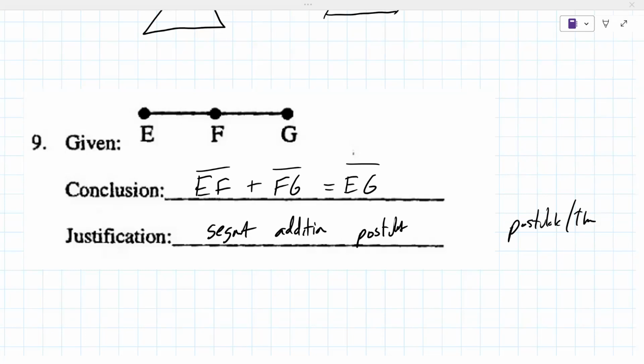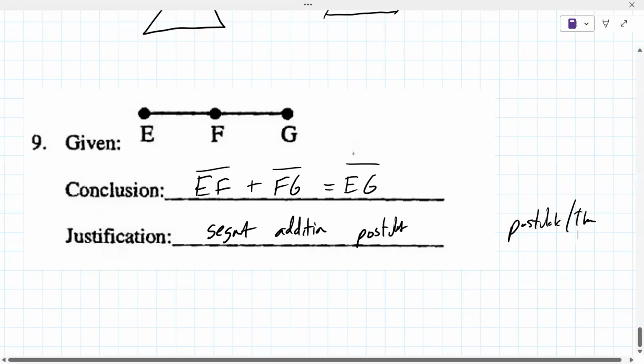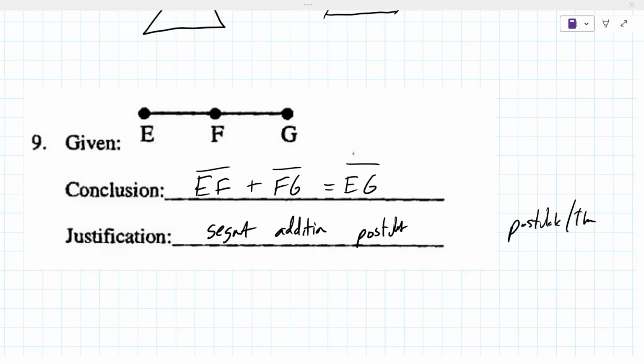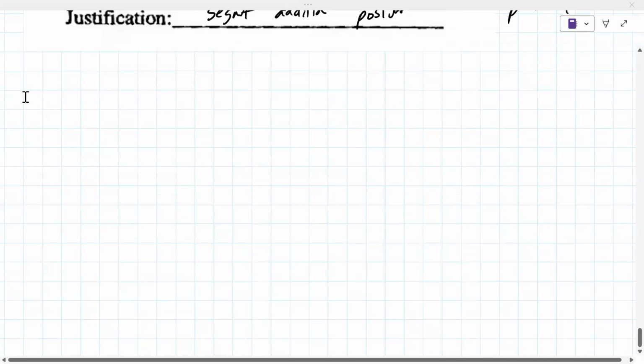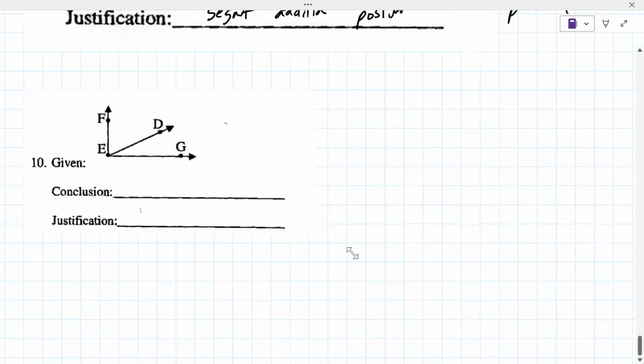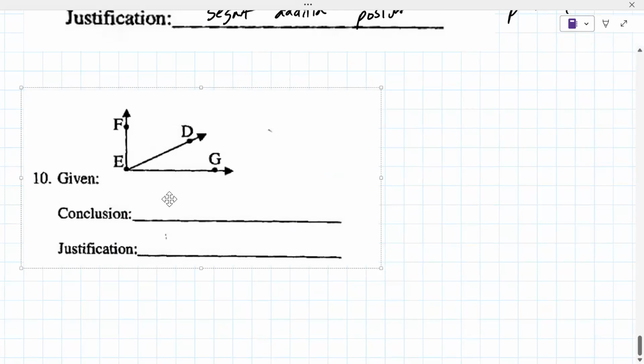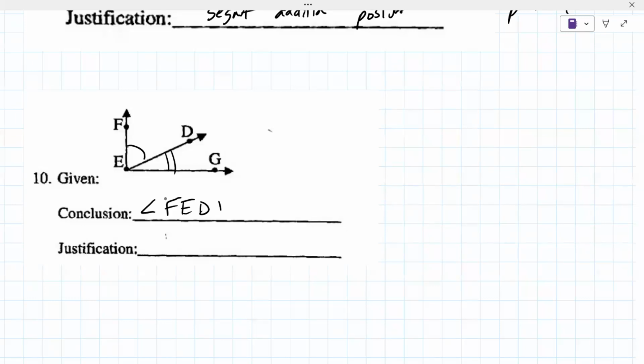All right. And then we probably should update 10 now that I'm looking at it. Because it's kind of the same thing. The conclusion here is that the first angle adds up to the second angle, like angle FED plus angle DEG equals angle FEG.